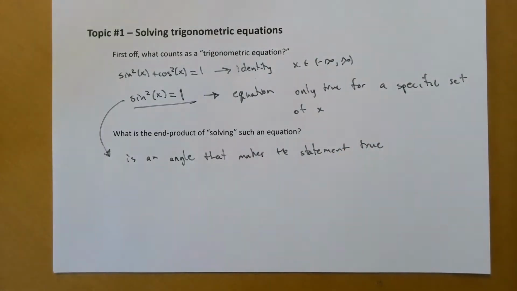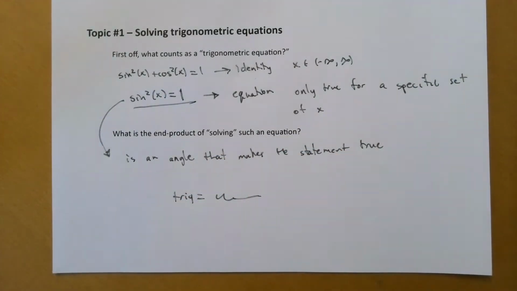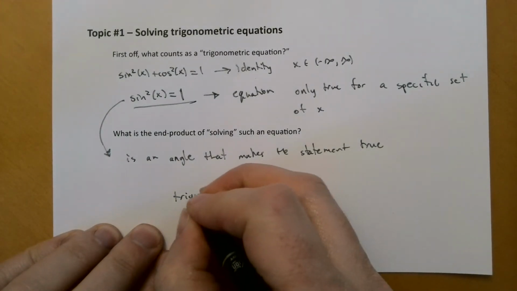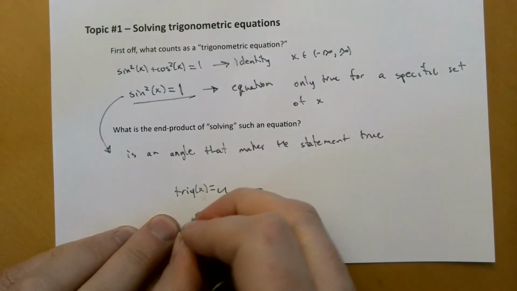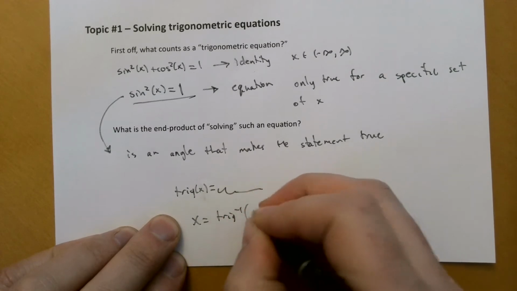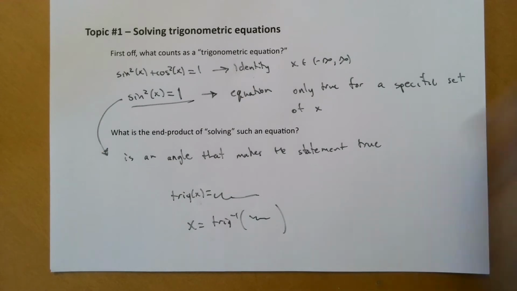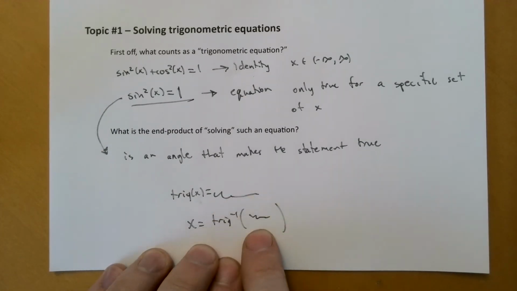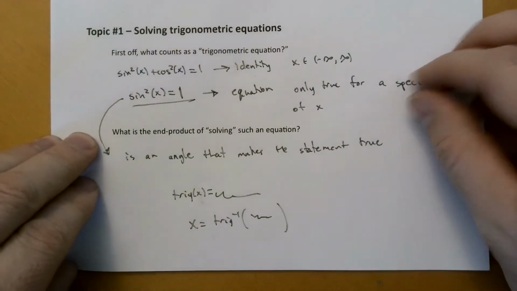So in general, the analytical method is to get one trig function equal to some number. So trig of some x value equals a number, then x equals trig inverse of that number, and there's your answer. If we can use unit circle values, in other words, if these are nice ratios from a unit circle, you would be expected to provide the exact values from the unit circle. If not, we would use our calculator to get the approximate values.